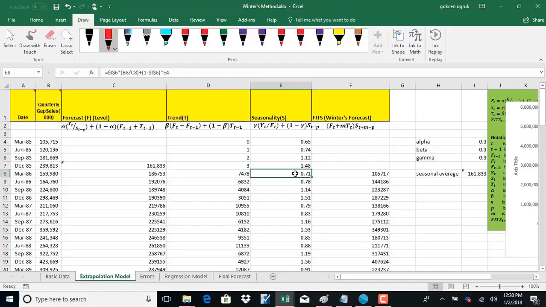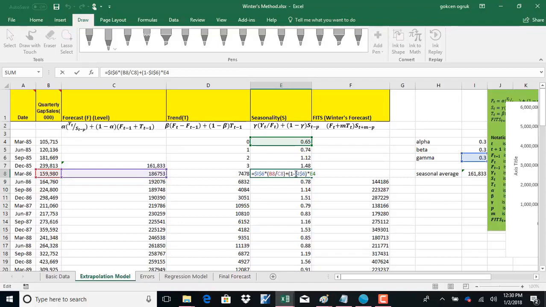Next, we are going to update the seasonality index that is calculated by our coefficient gamma times actual sales in this period, I have some parentheses here, divided by level forecast in this period, plus 1 minus gamma multiplied by the estimate for seasonality at t minus p. t equals 5, in this case p is 4, so we take our first seasonal index estimate, which is 0.65.